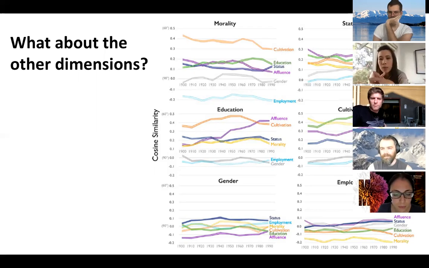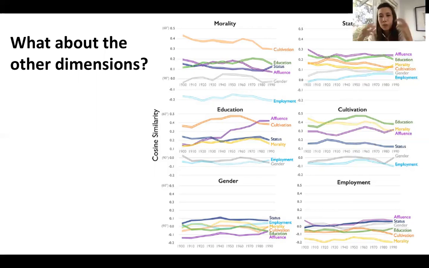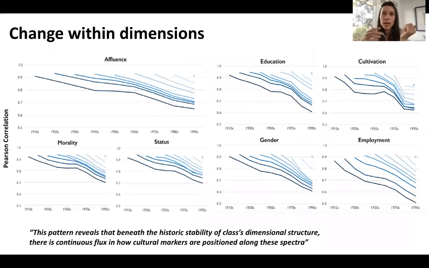That said, one thing that the authors really emphasize is how remarkable it is to see such stability across these social class dimensions. Now, they don't make mention of what they would expect to see, what's the appropriate null, for example, of how much variation you would expect to see, given that language is fairly stable. But it is interesting to see the stability when you look at the change within dimensions over time.